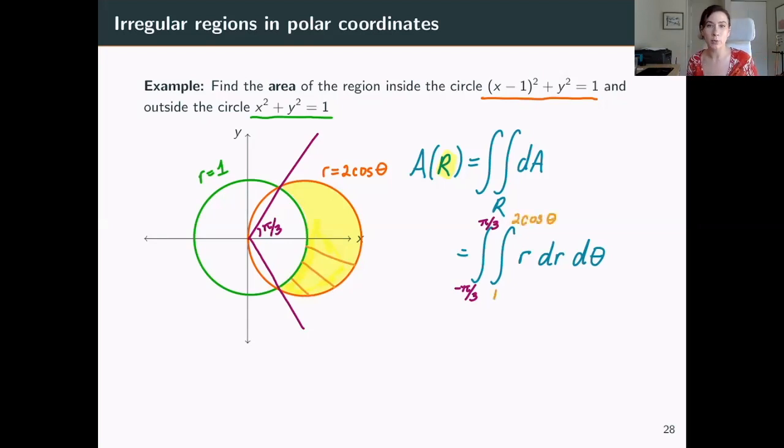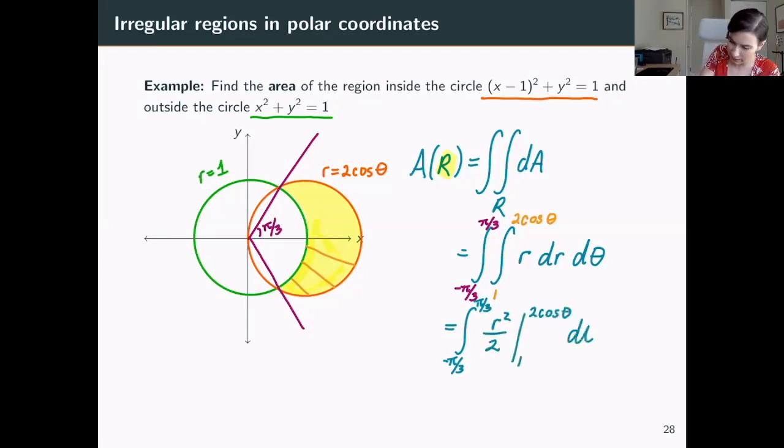And now we're at a point where we can evaluate this double integral. To evaluate, we need to integrate with respect to r first. In doing that, we're going to get the integral on the outside from negative pi over 3 to pi over 3, and on the inside, integrating with respect to r, we're going to get r squared over 2, evaluated from 1 to 2 cosine of theta, d theta.